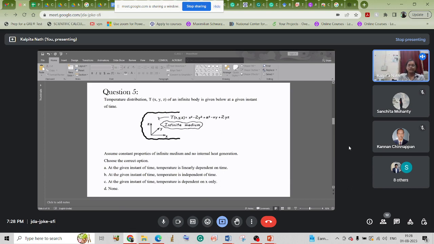Is anyone having doubt regarding solving this? You want any help? Can you please explain the answer? Are you able to solve, or are you having any doubt?